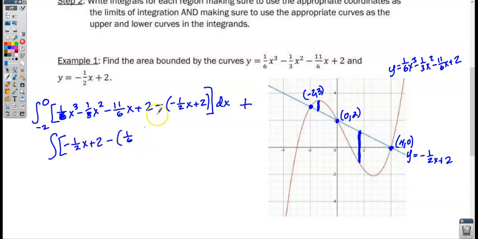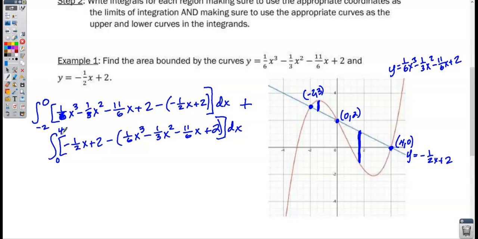We're going to have line minus cubic function. And we're going to integrate from one end to the other. That starts at x equals 0 and ends at x equals 4, so those are going to be my limits of integration.